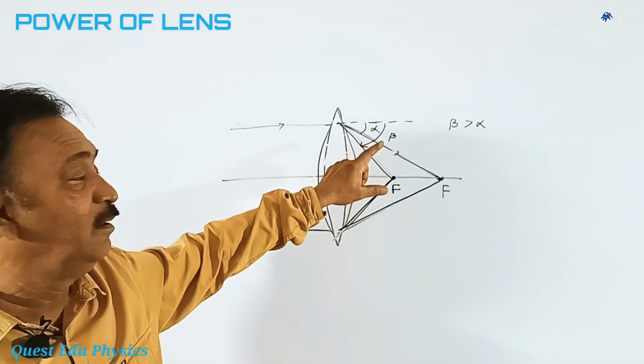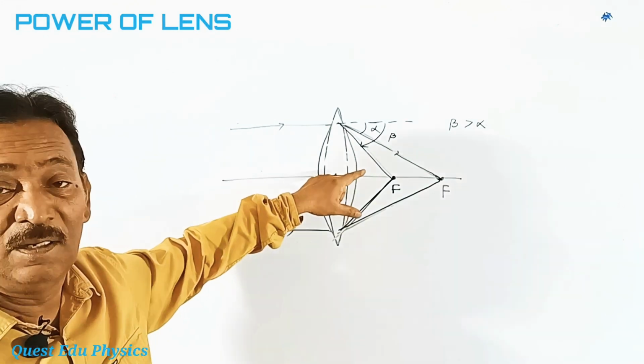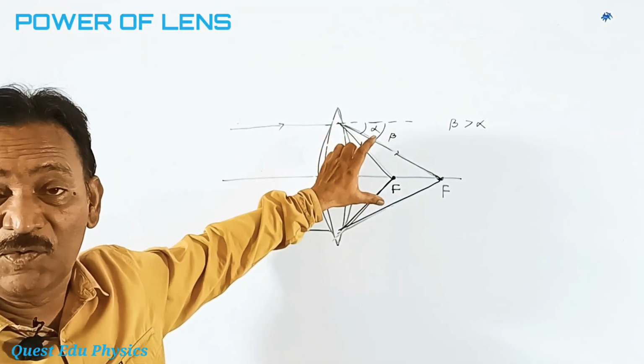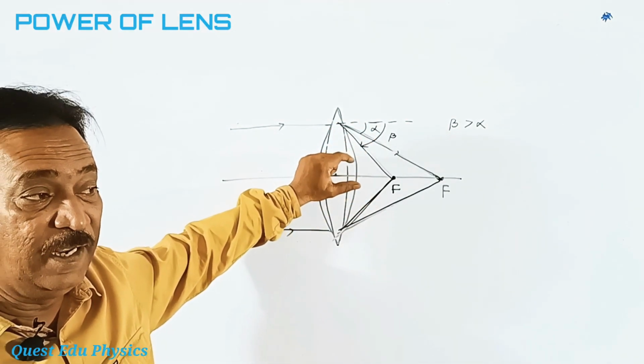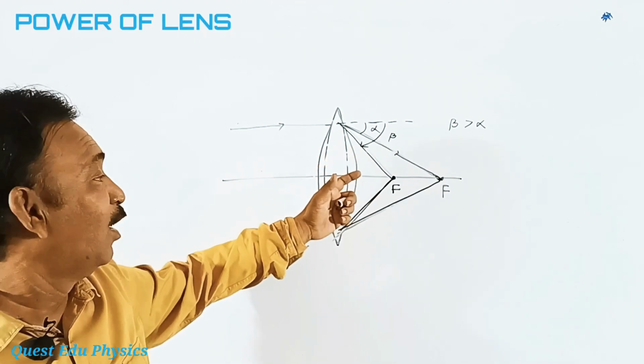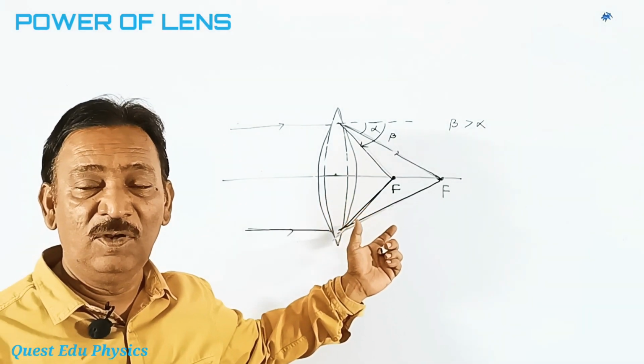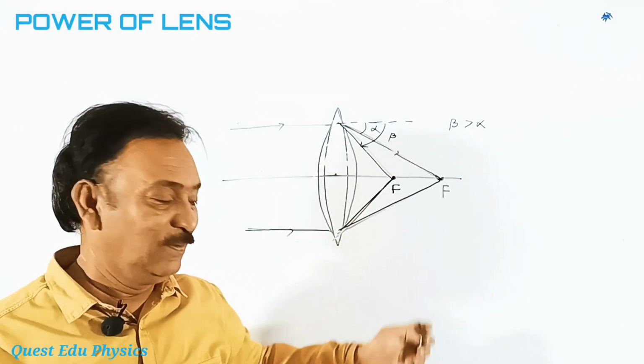That is what we said, the degree of convergence. It is a convex lens, that's why we said it is the degree of convergence. And if you go with the concave, simply we have to call it the degree of divergence, students.